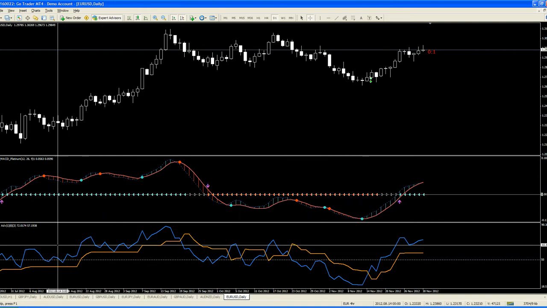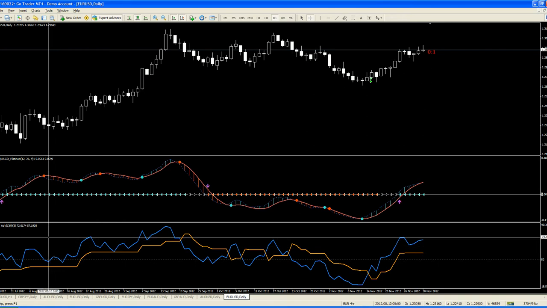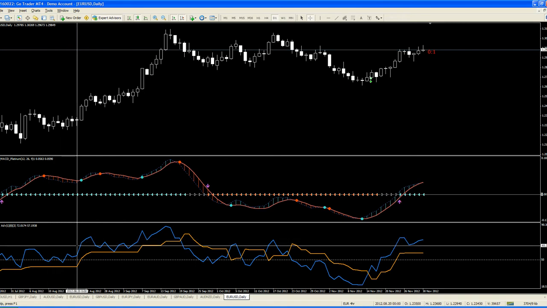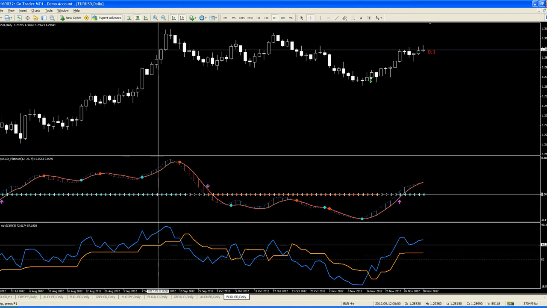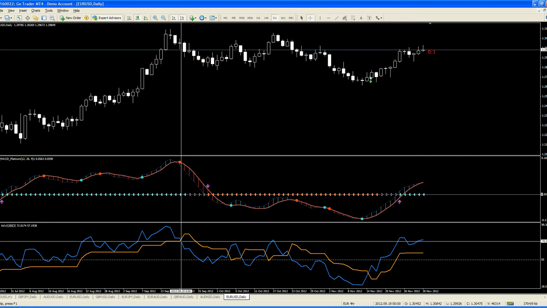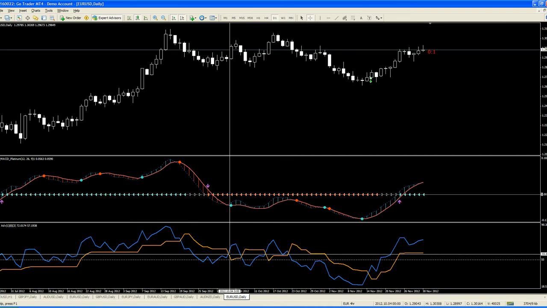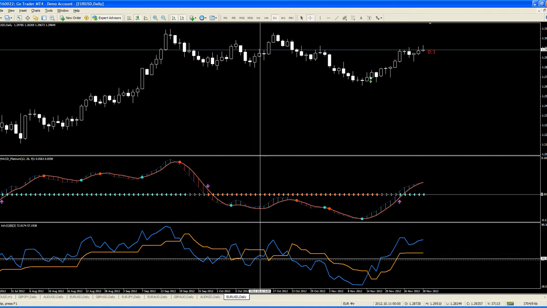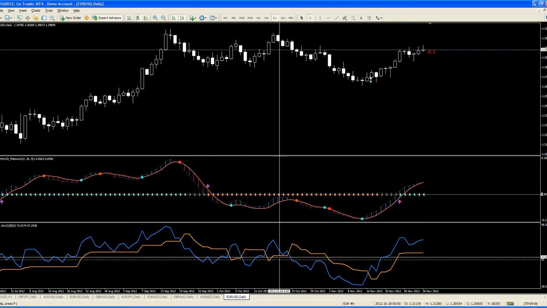The indicator below is the QQE advanced, sorry. And you've got this blue and orange line, and my signals are when the blue crosses down through the orange, that's to go short, and up through the orange, go long. There is a bit more to it, but that's the way I've got it set up.